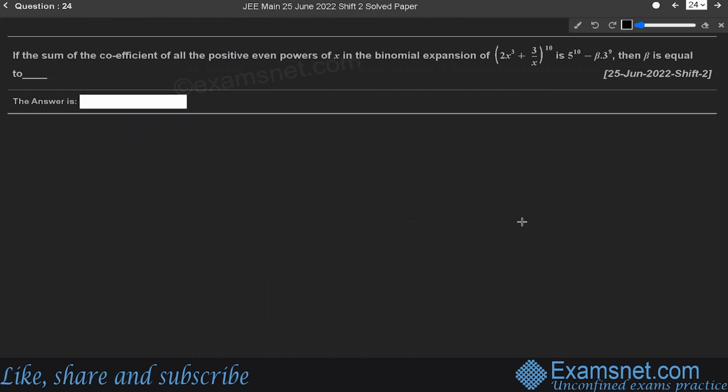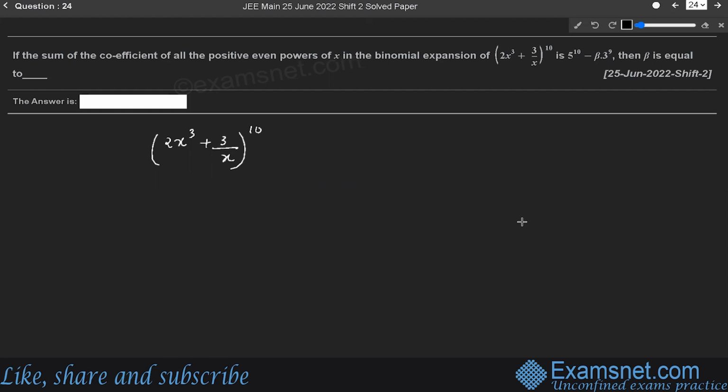Next question is, if the sum of the coefficient of all the positive even powers of x in the binomial expansion of (2x cube plus 3 upon x) whole power 10 is 5 power 10 minus beta into 3 power 9, then beta is equal to.